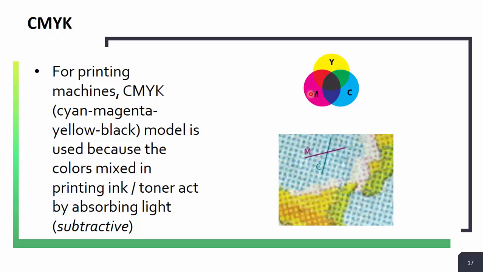Yellow mixed with magenta, we get red. Magenta added with cyan, we get blue. And if we add them all together, we get black. And how this looks on a print on paper, for example, you can see this area is a little bit orange because it is yellow added with some magenta here.